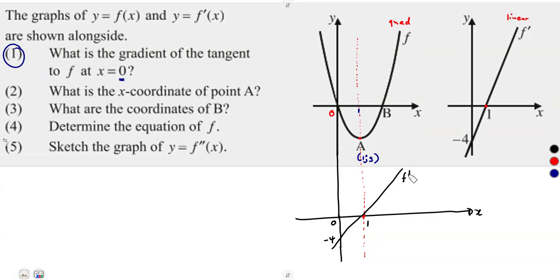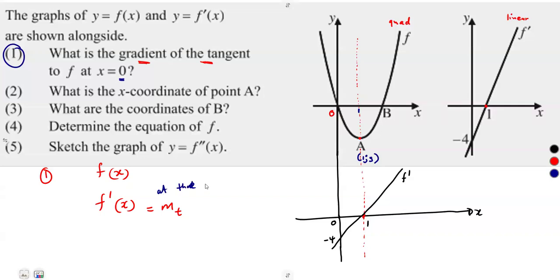Remember, the graph of the derivative, guys, it was taken from f of x. And our f of x being what? A quadratic. We know that when you are to refer to the gradient of a tangent, it is the first derivative with respect to x. Remember I said, guys, that the first derivative with respect to x is equal to what? The gradient of the tangent mt at that what?